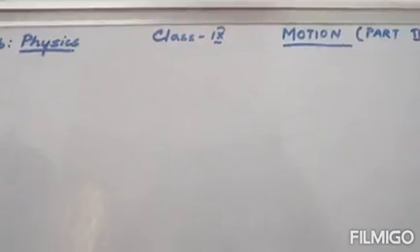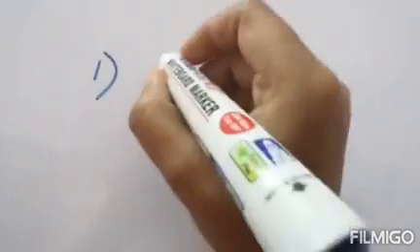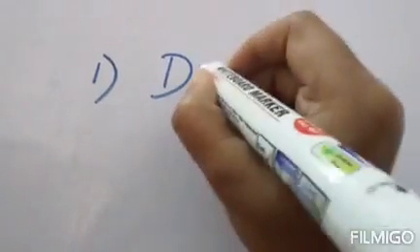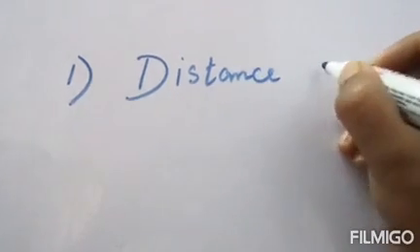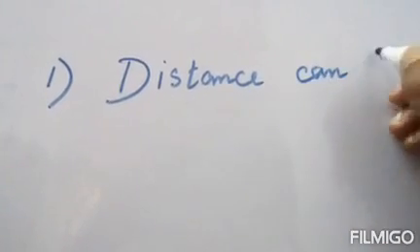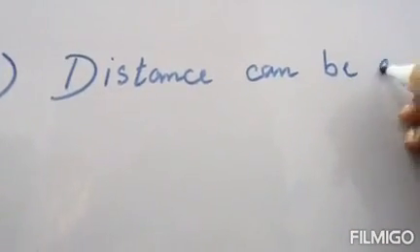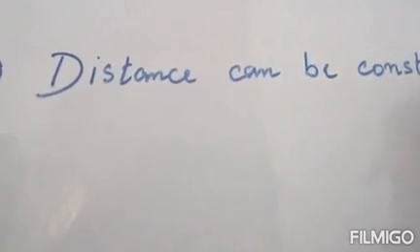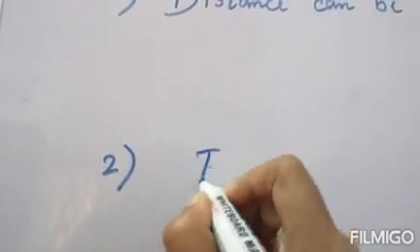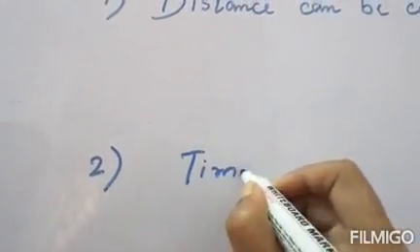Now there may be two other cases when speed is given. The first case is when distance is constant, and the second case is when time is constant.